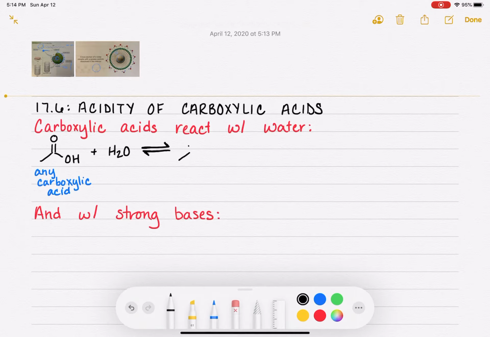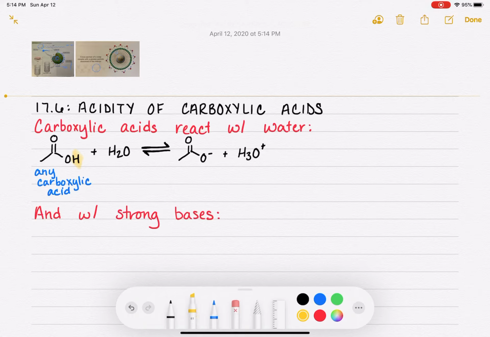The products of the forward reaction are the carboxylic acid having lost the hydrogen on the OH. After the carboxylic acid loses its hydrogen, it's left with a negative charge, so it's an anion. And the other product of the reaction is H3O+, which you might recognize as being a common product in acid-base reactions.